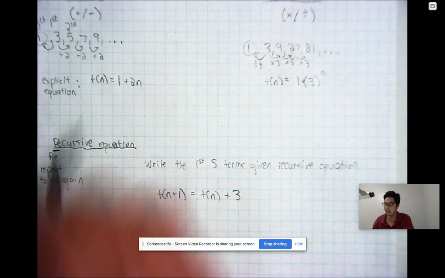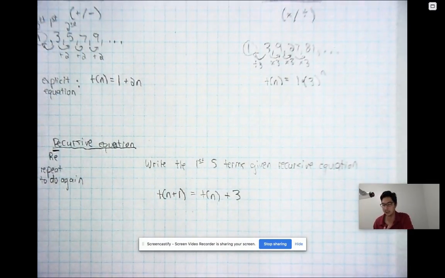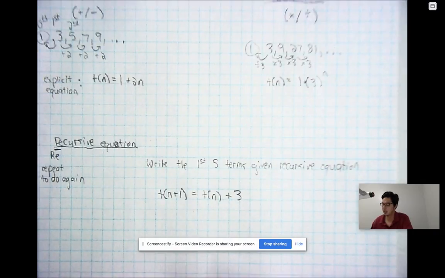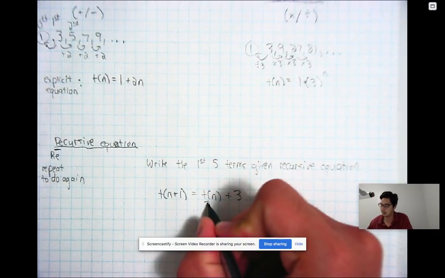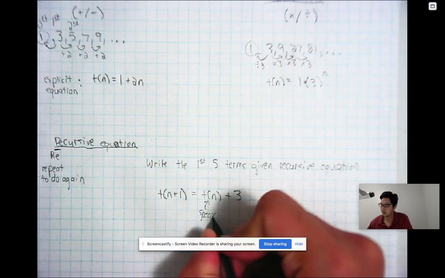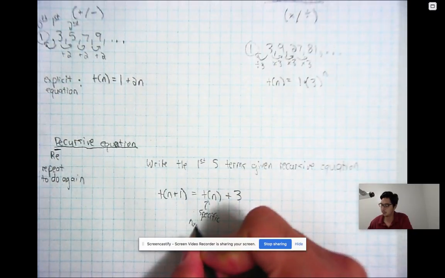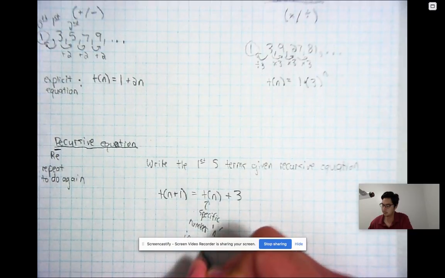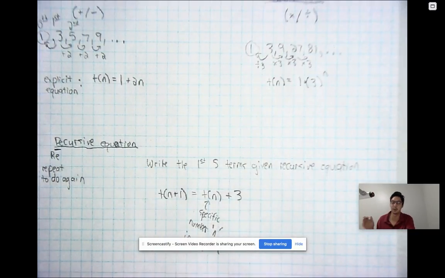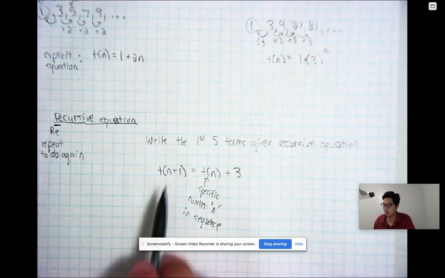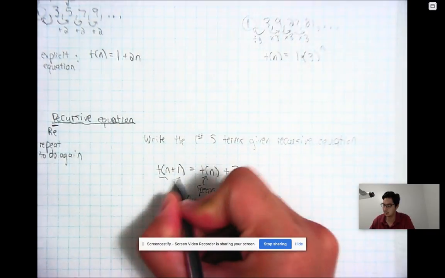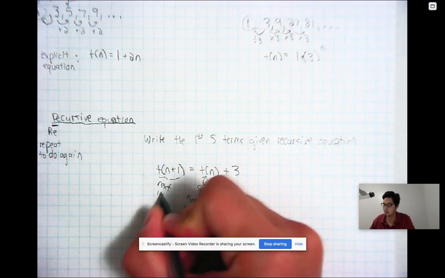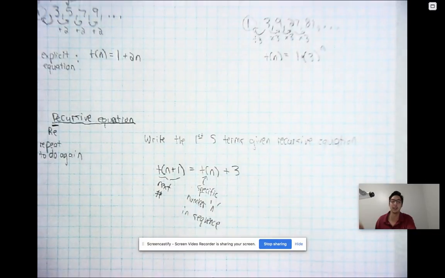I still don't even understand t of n, and now you're throwing in n plus 1. That's okay. Let me help break this down for you. What this is saying is t of n is a specific number, which they call n, in the sequence. So we're looking at a number in the sequence. Well, what's n plus 1? This is the next number, the following number.